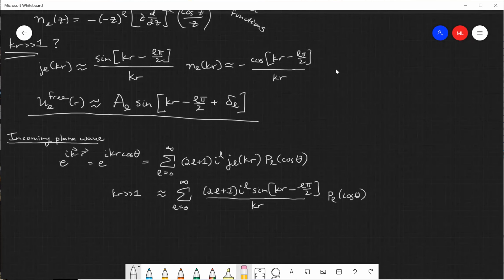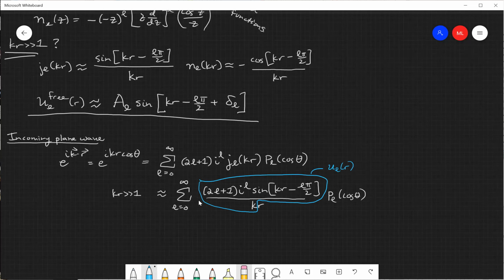So this part here, let me outline it, this must be the U_L portion for an incoming plane wave. So we can connect it to this.